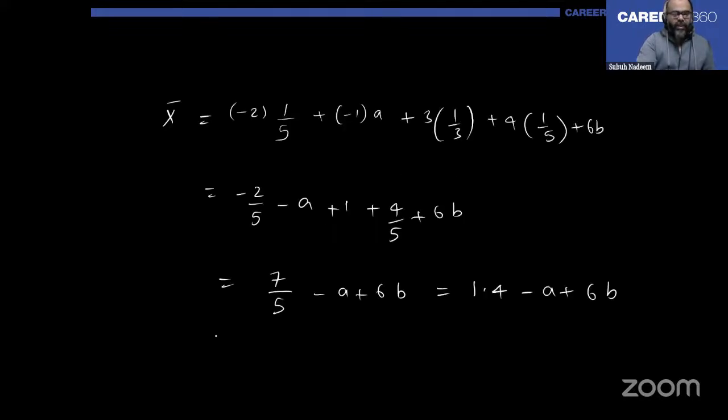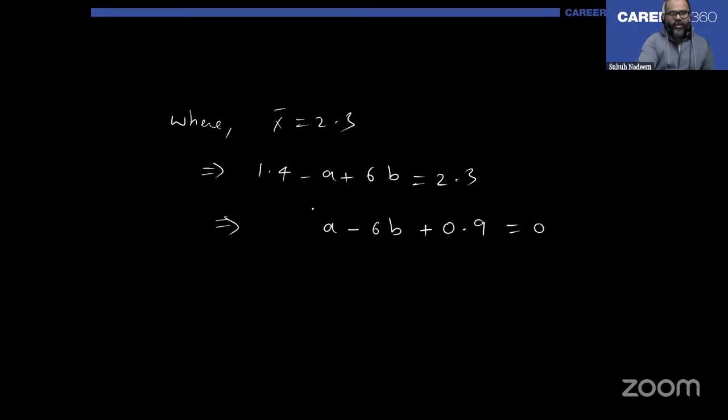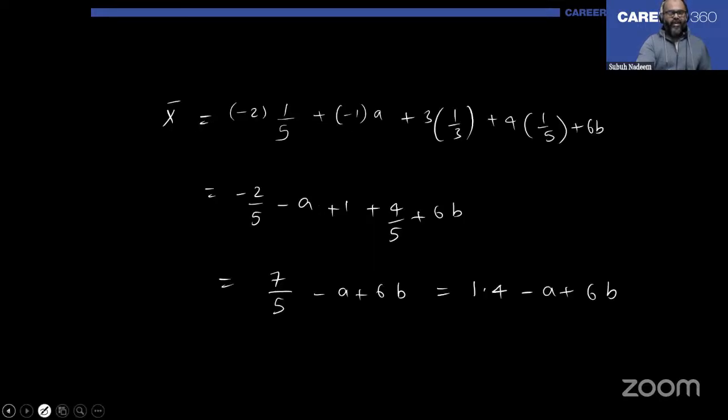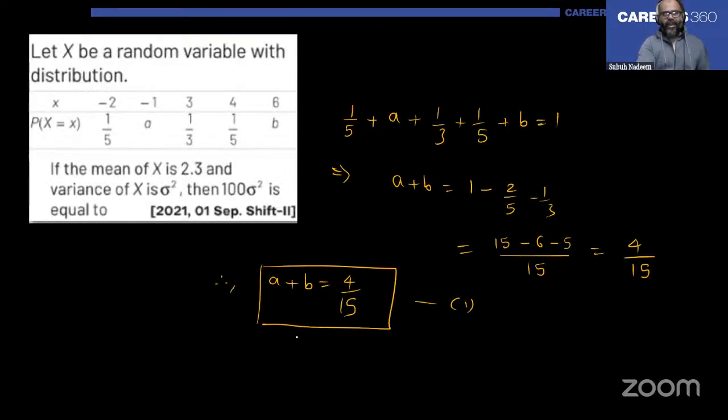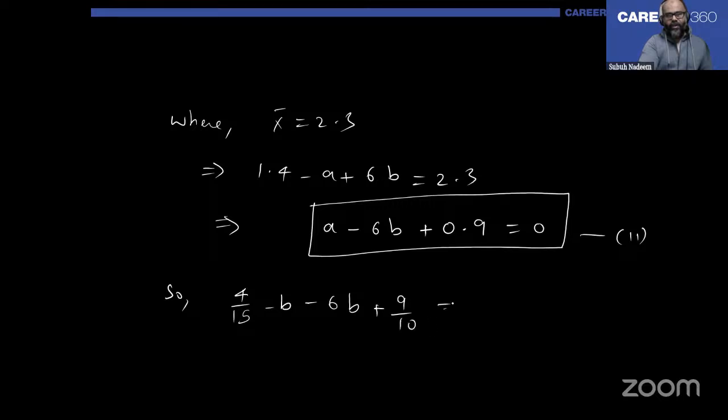Now if we see this condition here, a plus b is 4/15. And if we see this condition here, a minus 6b plus 0.9 is equal to 0. So if we solve these two, from the first we can say that a is 4/15 minus b. So 4/15 minus b, and minus 6b plus 0.9 can be written as 9/10, is equal to 0.